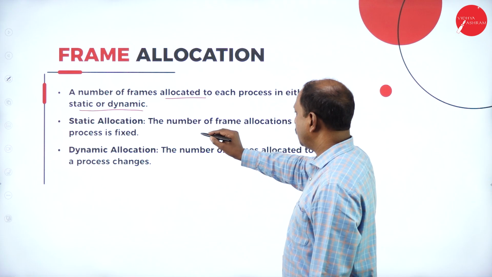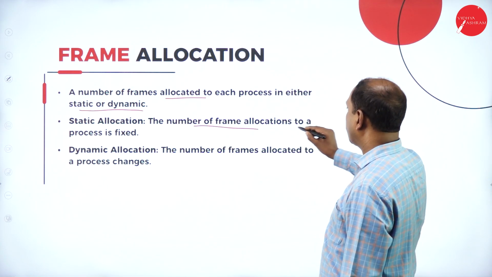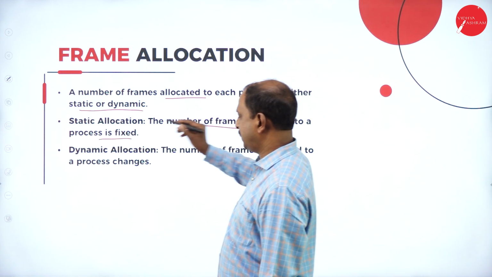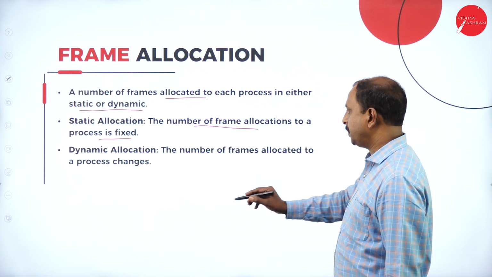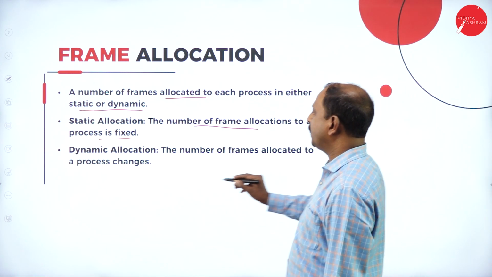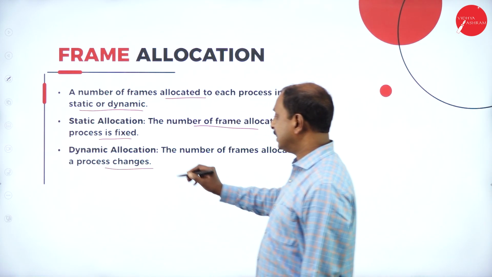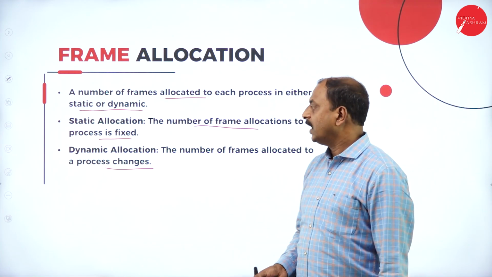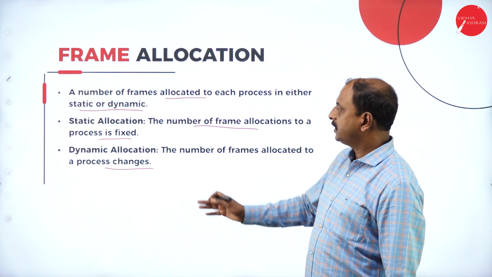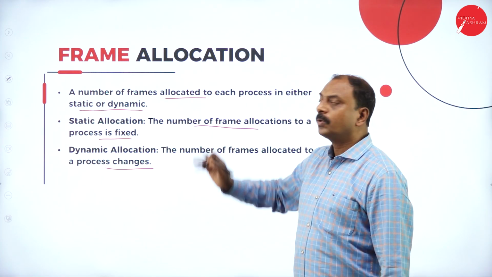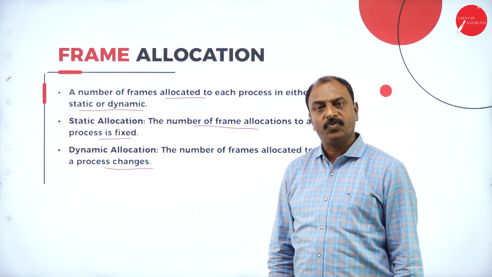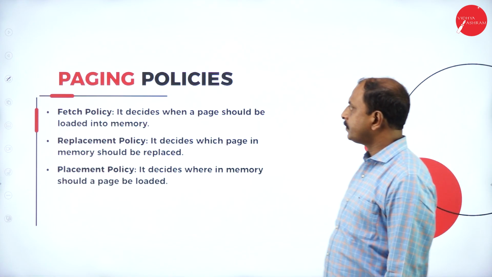In static allocation, the number of frames allocated to a process is fixed. In dynamic allocation, the number of frames allocated to processes keeps changing as per the requirement.